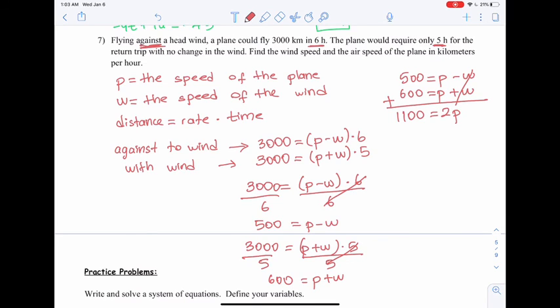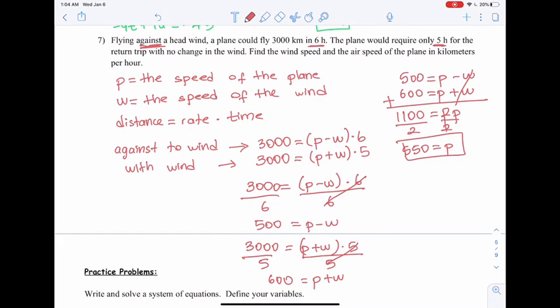If I divide both sides of the equation by 2, I will get 1,100 divided by 2, which gives us 550. So from here, P will be 550.